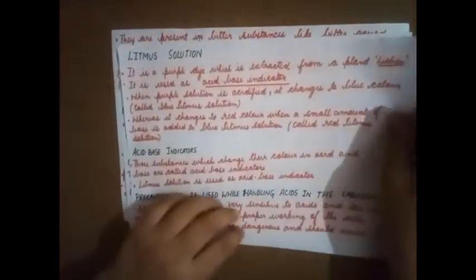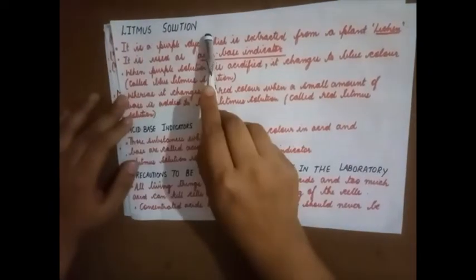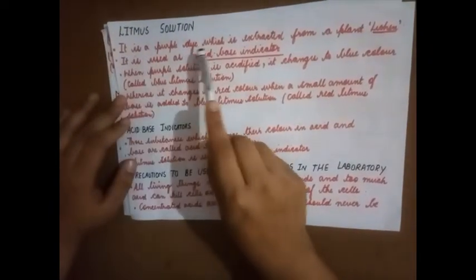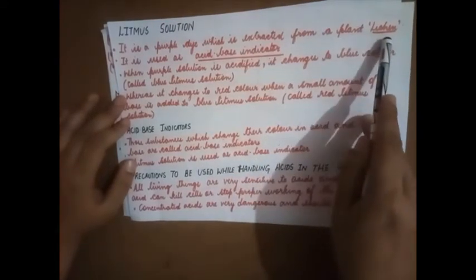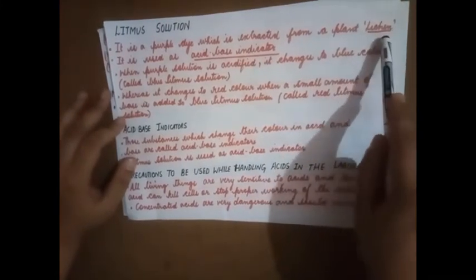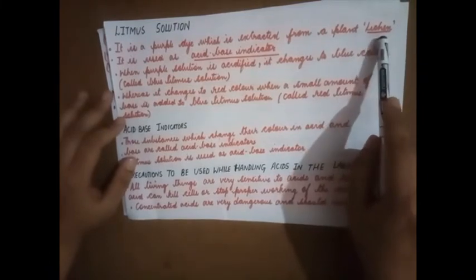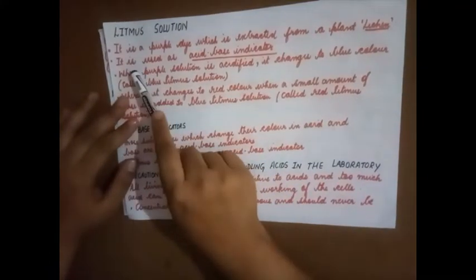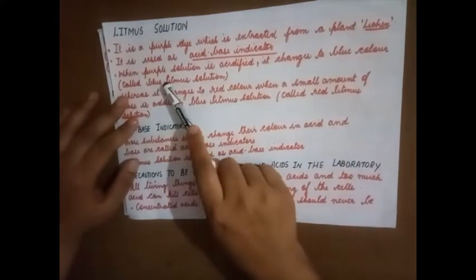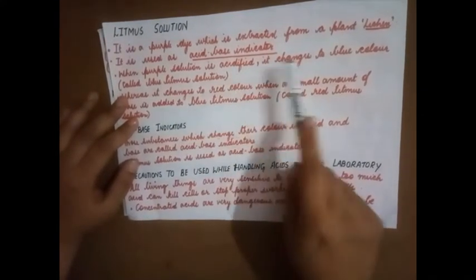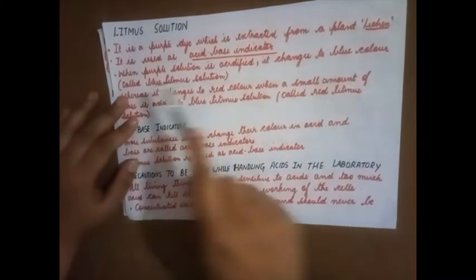Next, let's move on to litmus solution. It is a purple dye which is extracted from a plant, lichen. Lichen is a symbiotic association between algae as well as fungi. It is used as an acid-base indicator. When purple solution is acidified, it changes to red color.